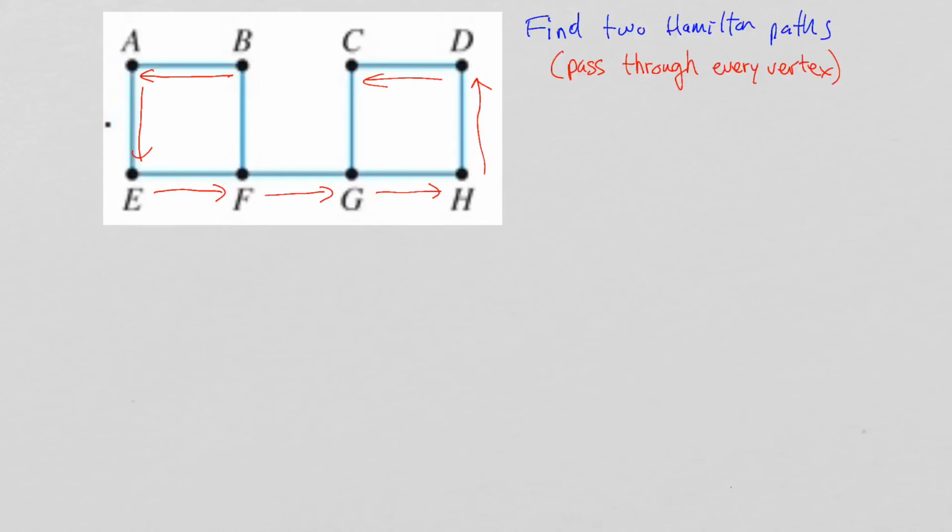So we are done. Let me go ahead and write down the path here. B, A, E, F, G, H, D, and C. And notice that each letter is only used once.